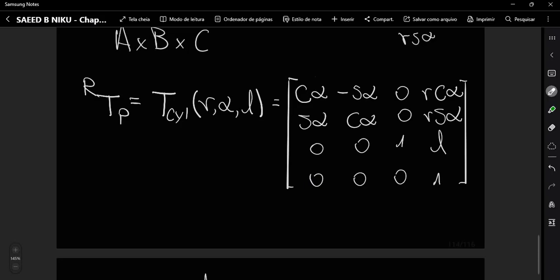So these first three columns, and I'm not sure if this description, first three columns, is in the right order, 1, 2, 3.